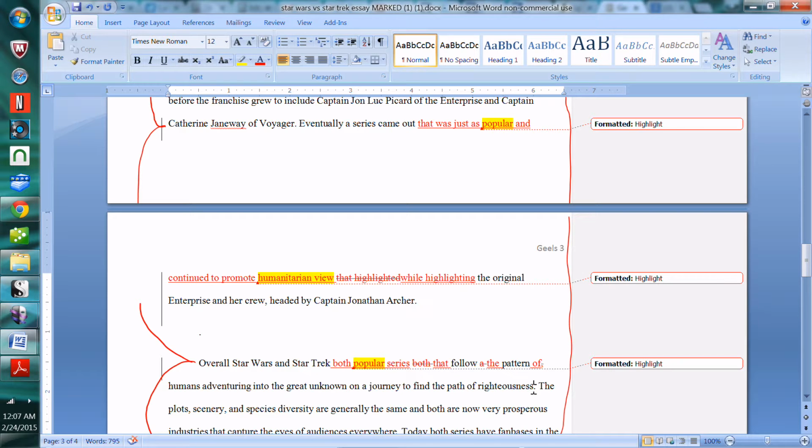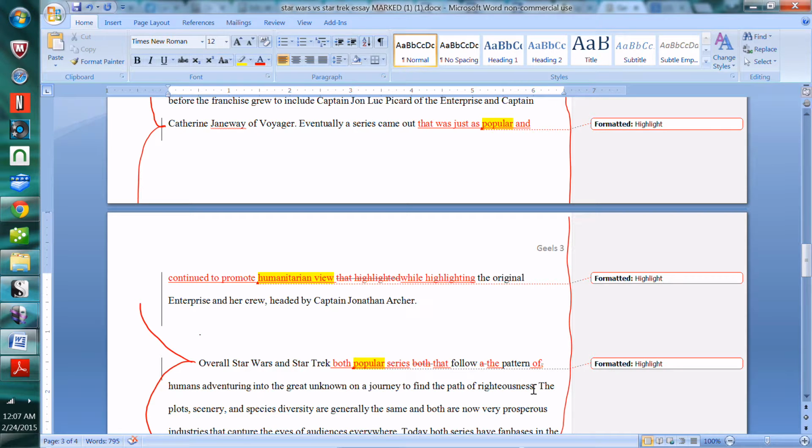Path of righteousness. I'm thinking about humanitarian. We have one word here. Overall, Star Wars and Star Trek, both popular series that follow the pattern of humans adventuring to the great unknown on a journey to find a path of righteousness.